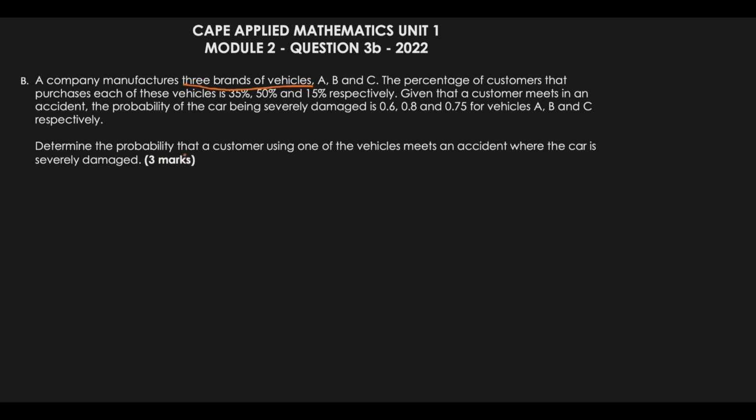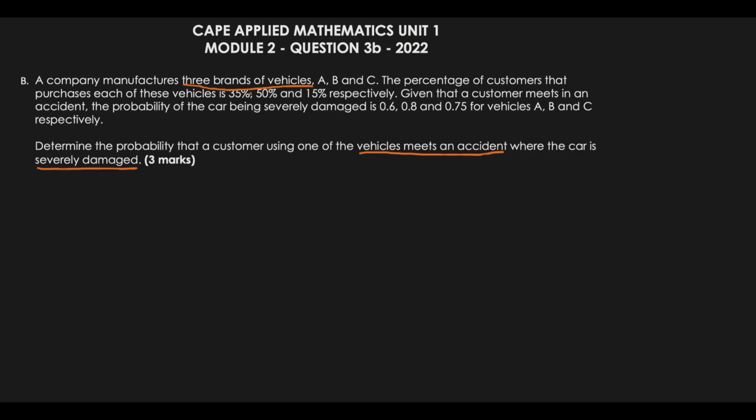We have to determine the probability that a customer using one of the vehicles meets an accident where the car is severely damaged. Now the best approach to this question is putting this in a probability tree. But before that, let's just break down these values first.